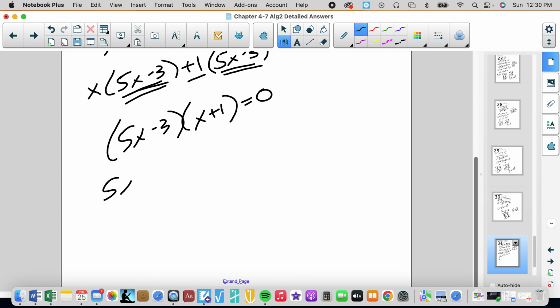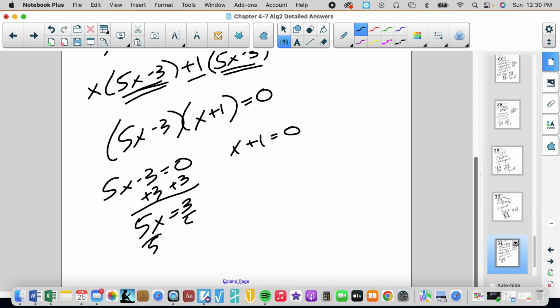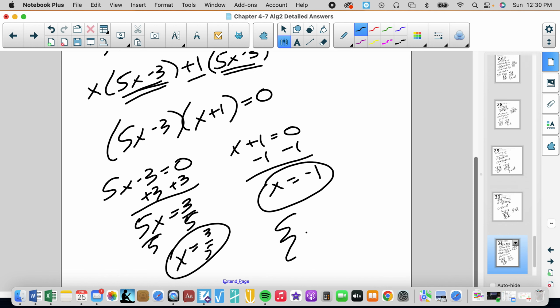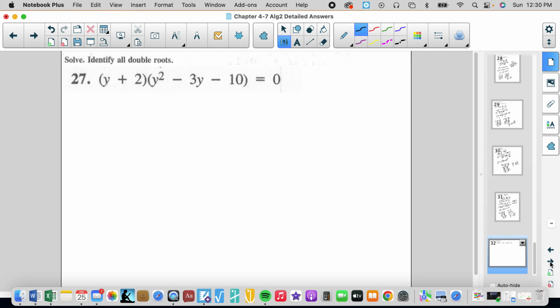Product of two binomials equaling 0, we set each one equal to 0. Plus 3, divide by 5, x equals 3/5. Minus 1, x equals negative 1. Negative 1 and 3/5 are my solutions.